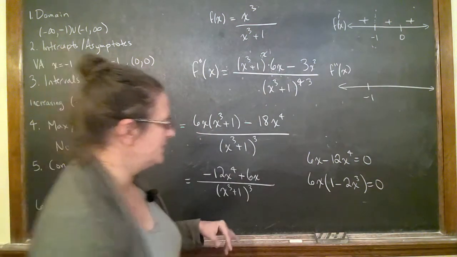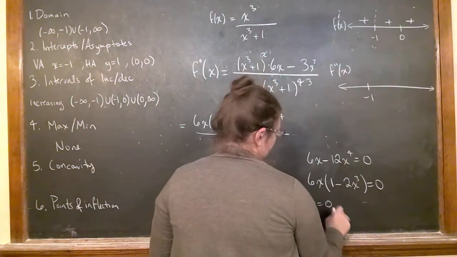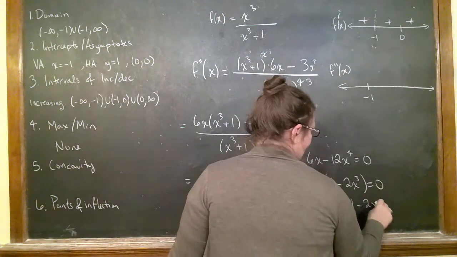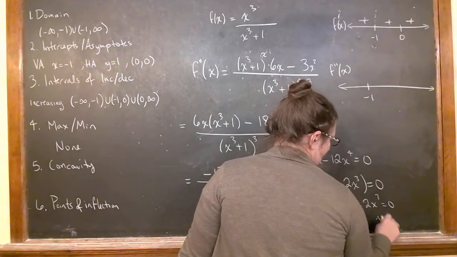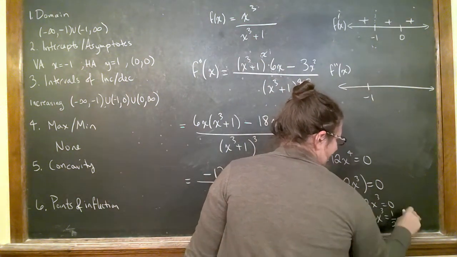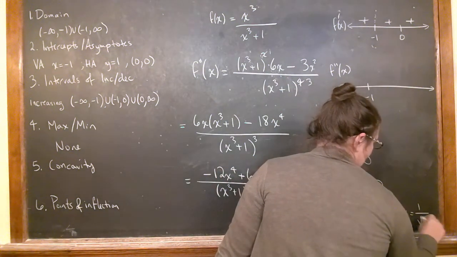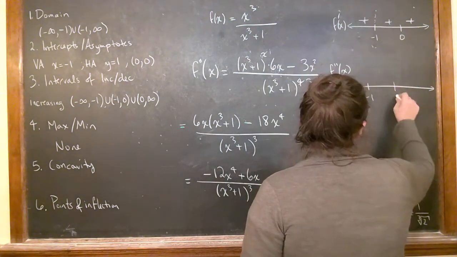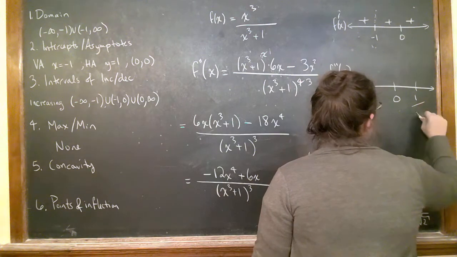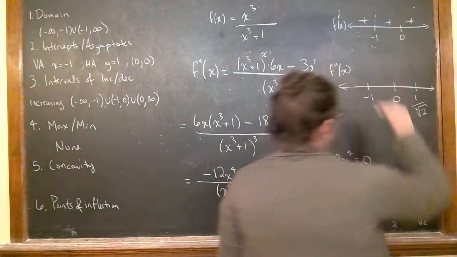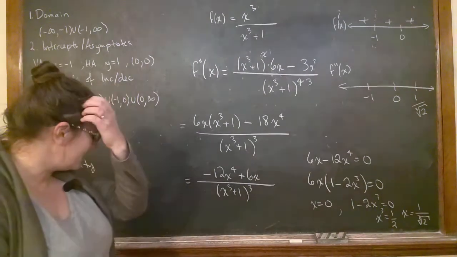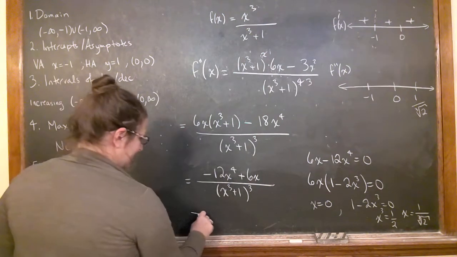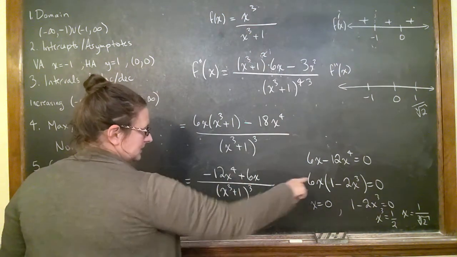Okay, so one possibility is x equals 0, which makes sense. And then the other possibility will be 1 minus 2x cubed equals 0. So that would be x cubed equals 1/2. So x equals 1 over the cube root of 2. Okay, so negative 1, 0, and 1 over the cube root of 2. Lovely, right? Okay. So now what I have to do, just to make it easier, I'm going to write this like that.